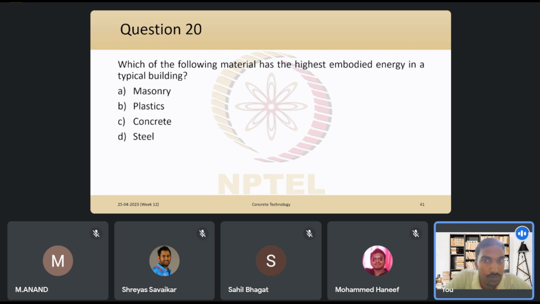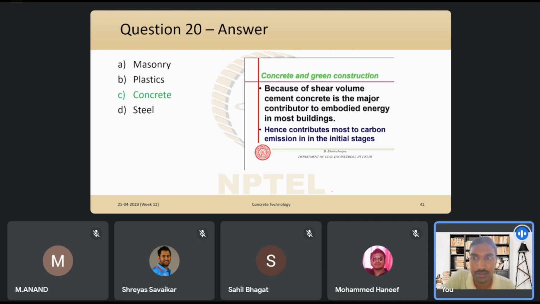Okay, we have four votes all for option C, concrete. The right option is also option C, it is concrete.